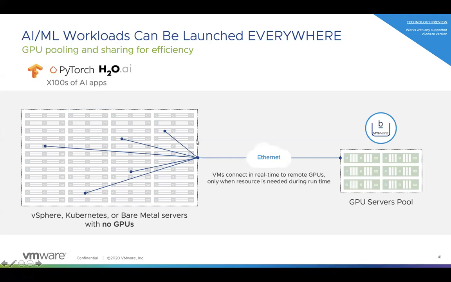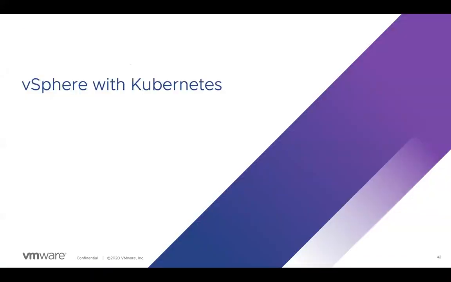That means the remote GPU server pool can help you run your AI/ML workloads directly from your ESXi server. This is a new capability which we are going to provide as part of the 7.4 release, and it will ensure that all your GPU-specific resources are optimally utilized.